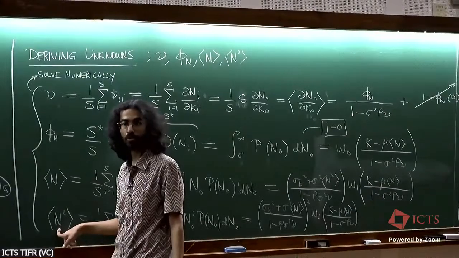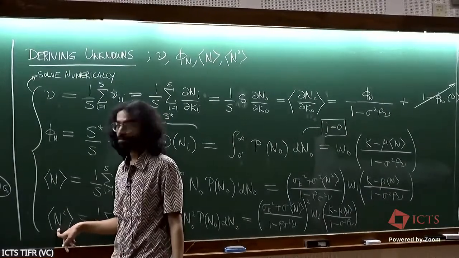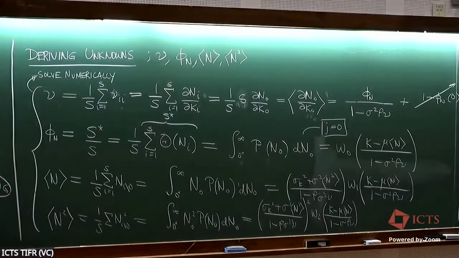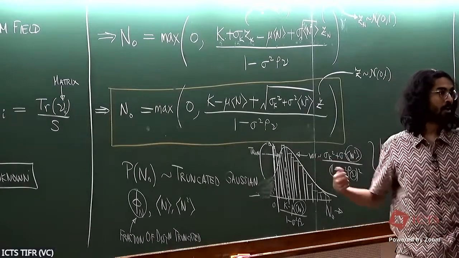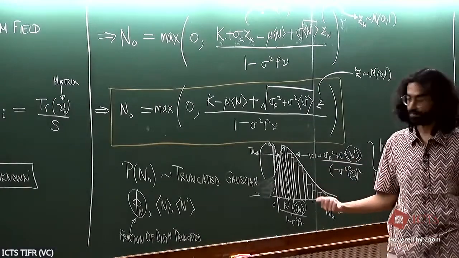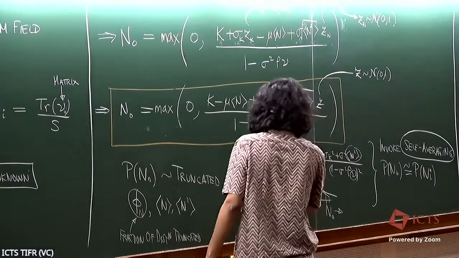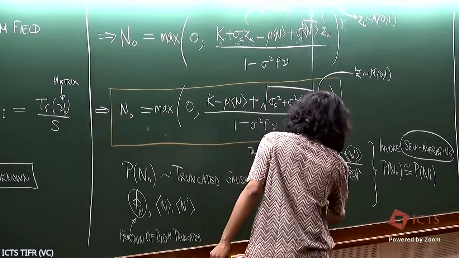What can you do with those four numbers? You can now predict and make this truncated Gaussian, because now you know every number that goes into these Gaussians. So you can predict exactly what this truncated Gaussian should look like. In other words, you can draw this guy over here.